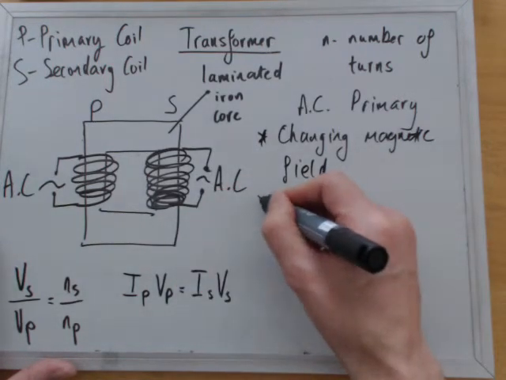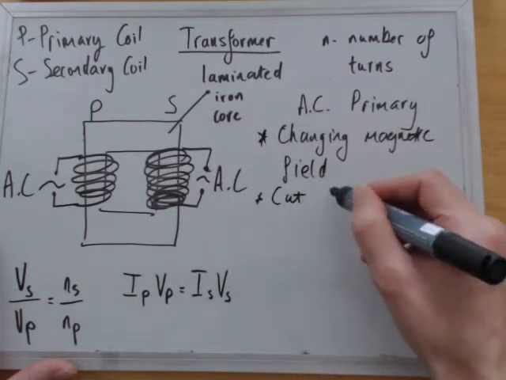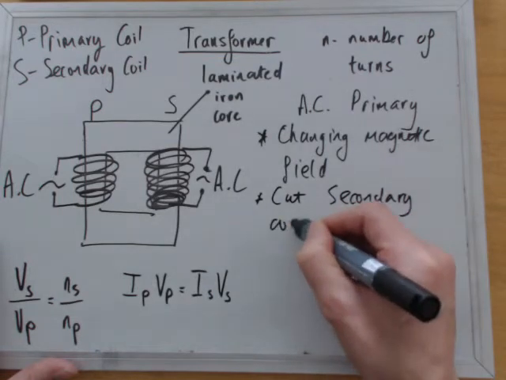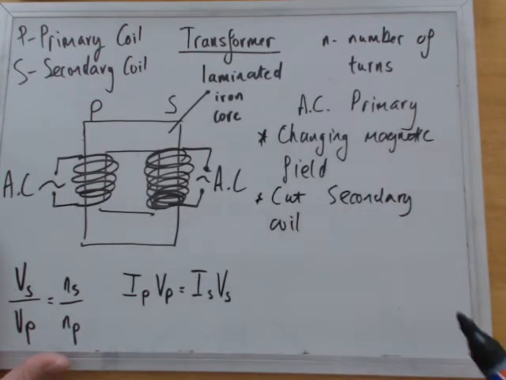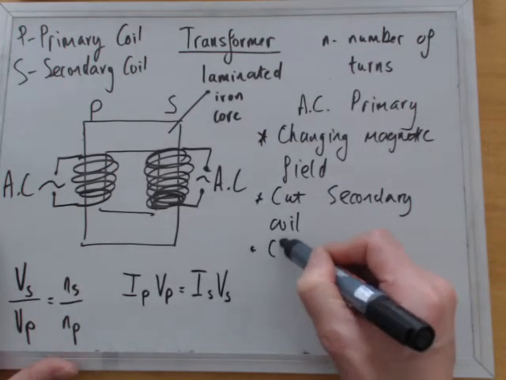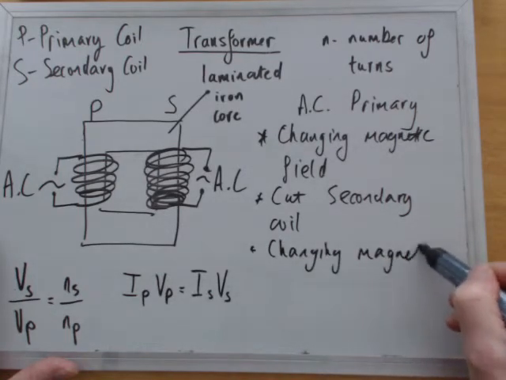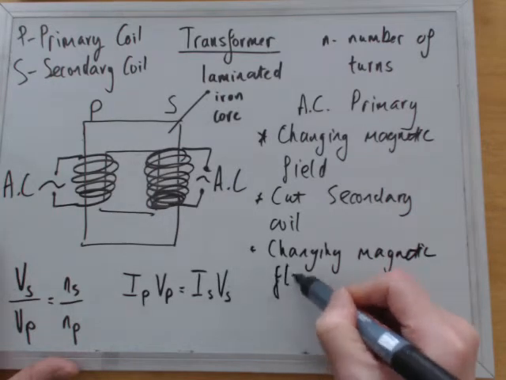That will cut, if you like, the secondary coil. So we've got a magnetic field cutting a conductor, and when you get a magnetic field cutting a conductor, as in Faraday's law, you get a changing magnetic flux.